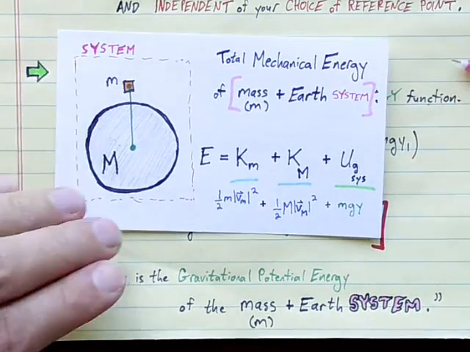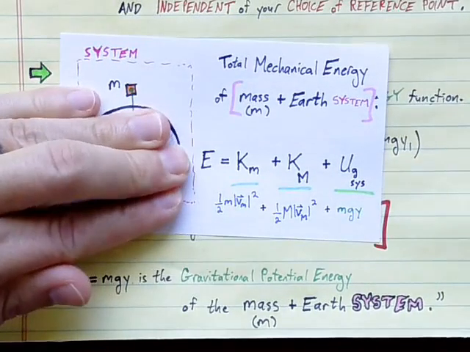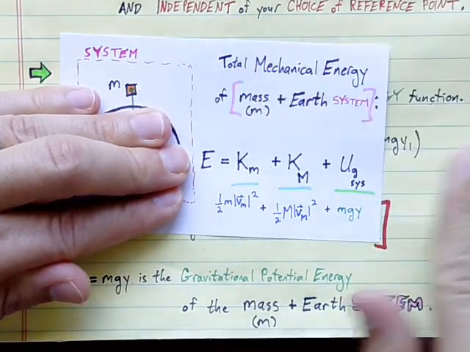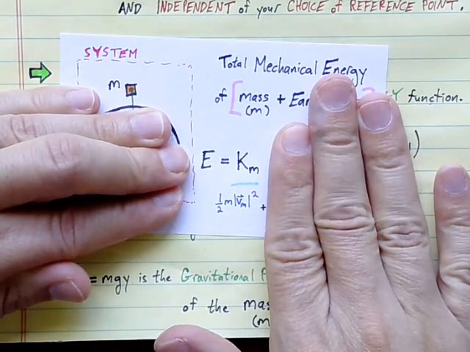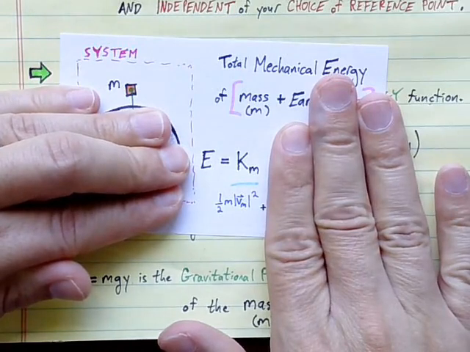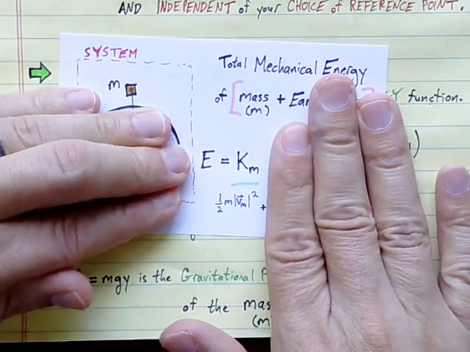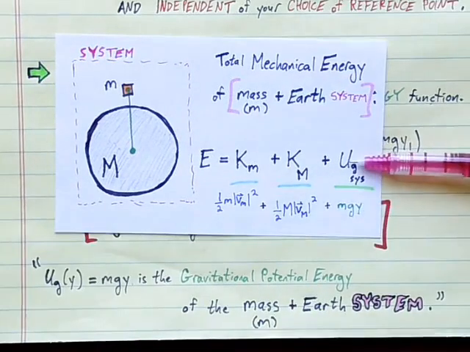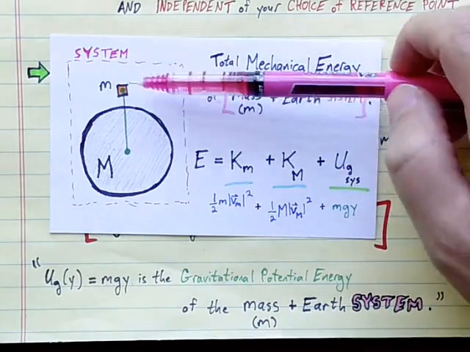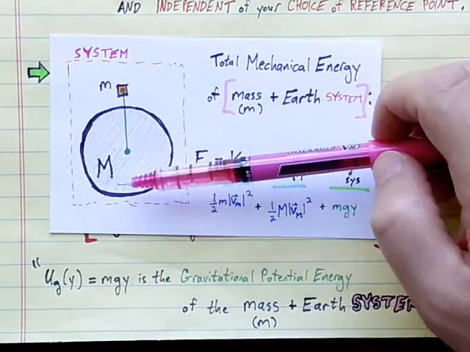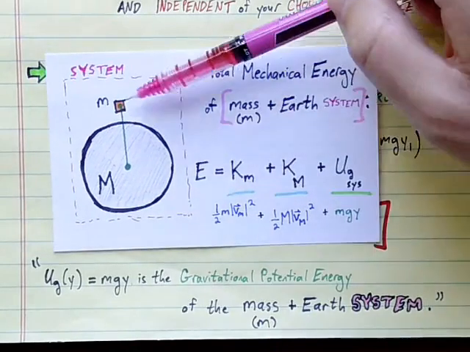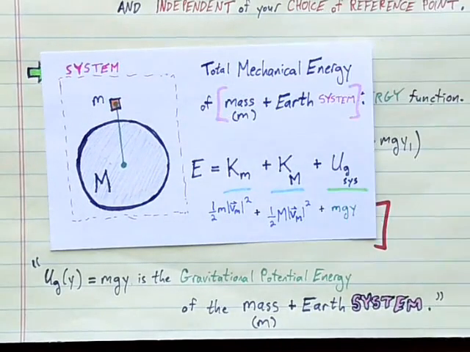One object by itself cannot have potential energy. So if it's just the mass here, the mass can have kinetic, but there would be no kinetic for the other objects and no potential energy. It's only when we include both objects that potential energy appears. So one Ug term for the potential energy of the system, while we have separate kinetic energy terms, one for each object in the system.